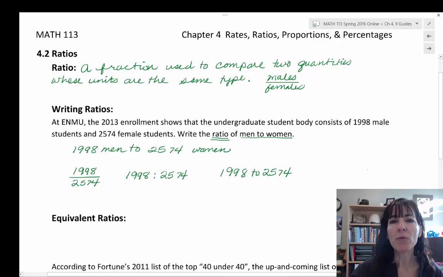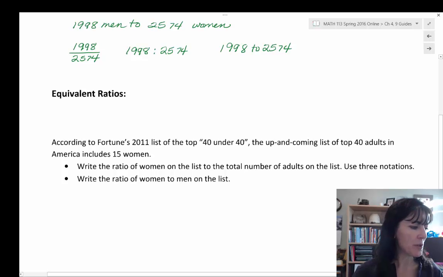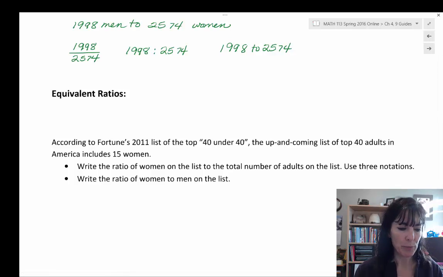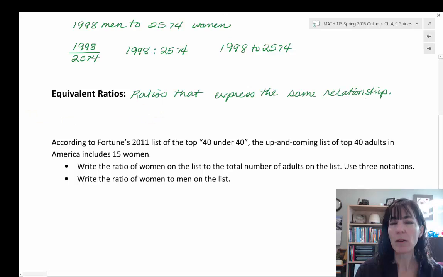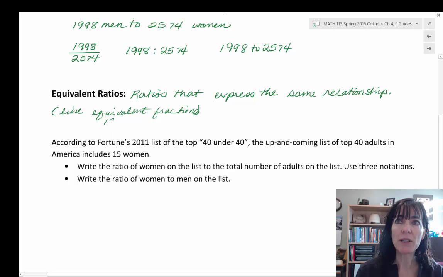ENMU. If we have equivalent ratios, there are going to be two ratios or multiple ratios that express the same relationship. And you could think of them as equivalent fractions. It's very similar. For example, in our males to females at ENMU, we have 1998 to 2574.